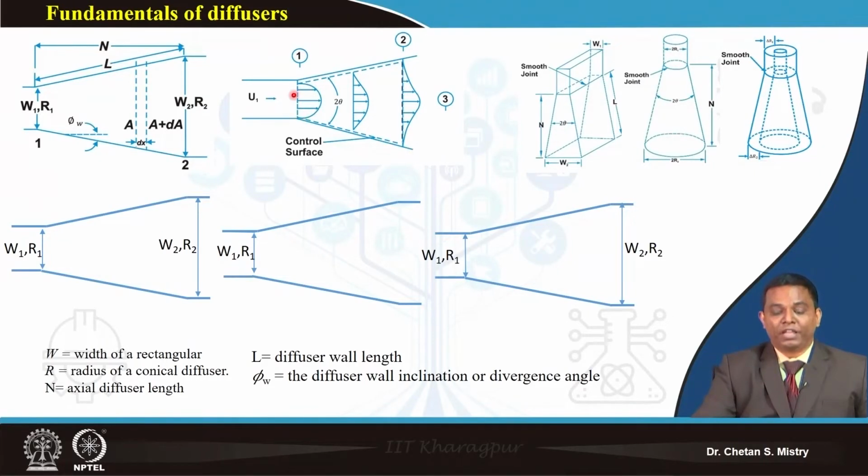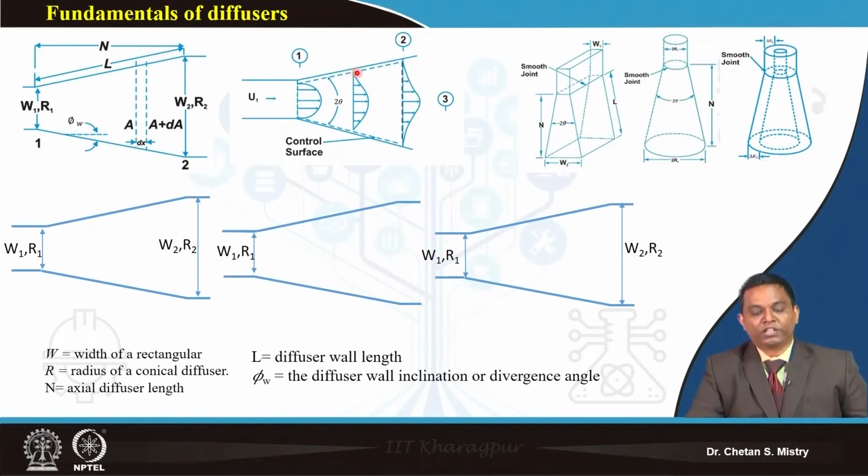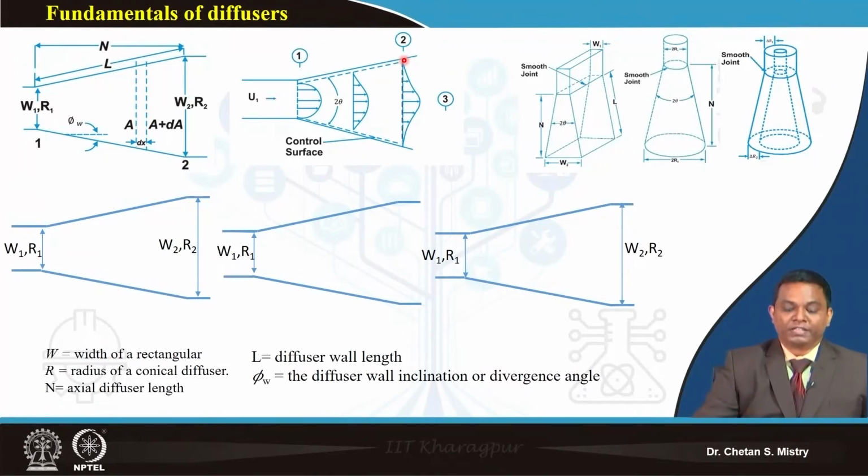Now as I move further downstream, the shape of my velocity profile changes and deforms near these two walls. The velocity is going to be 0 near the wall region, and in the center I will have the flow at uniform velocity.